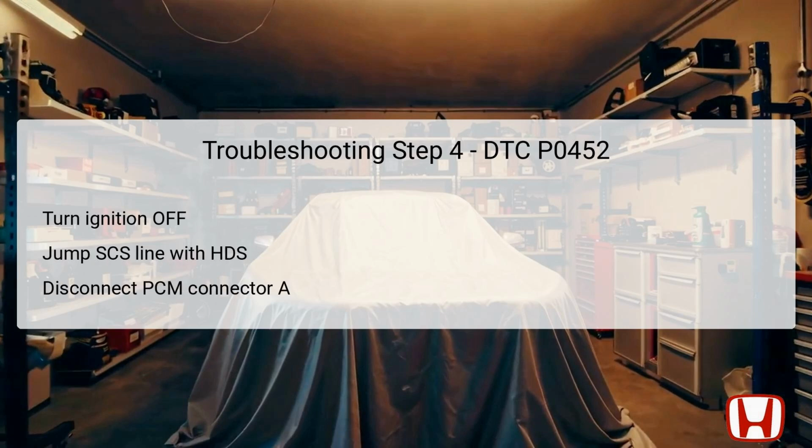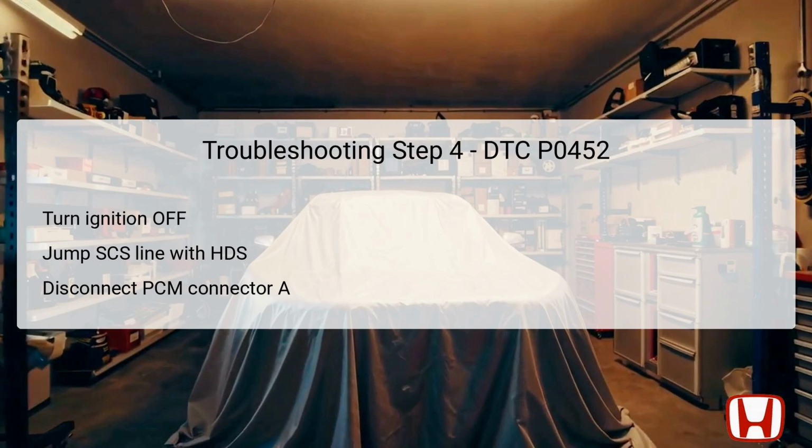In this step, again, turn the ignition switch to the off position to ensure safety while working on the internal components. Next, jump the SCS line with the HDS to avoid errors during the diagnostic phase. After completing this action, disconnect the PCM connector A, which is notably more challenging. To check for continuity in the P-tank wiring, you will test specific points between the FTP sensor connector and body ground.